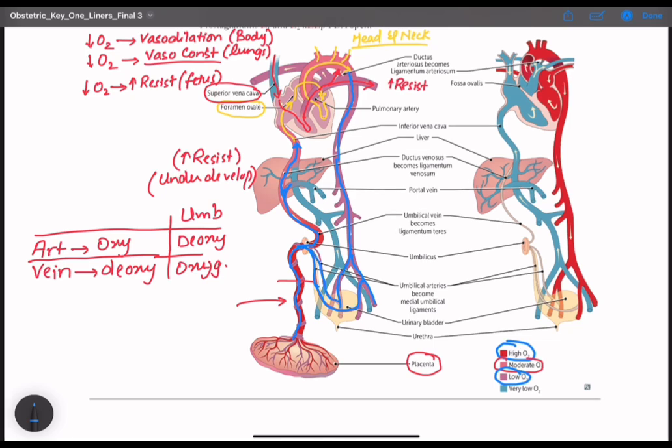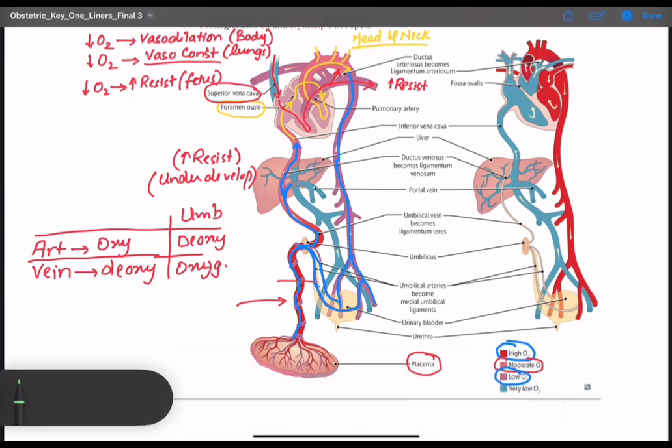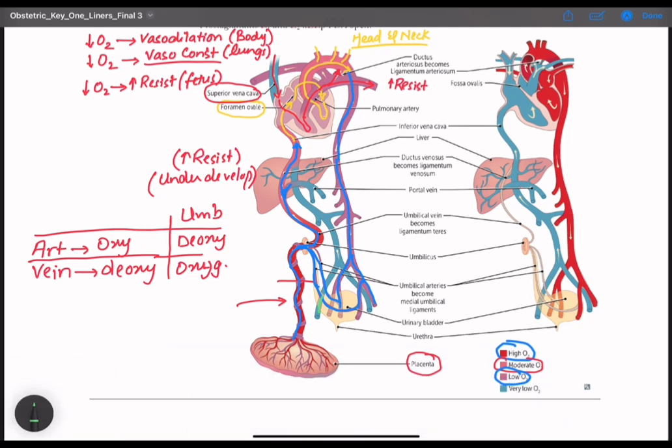This was all about fetal circulation. Also, we have portal vein system. The portal vein system drains the deoxygenated blood, or the blood with lowest oxygen status, and finally mixes with umbilical vein blood.